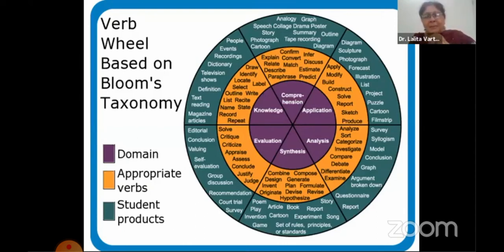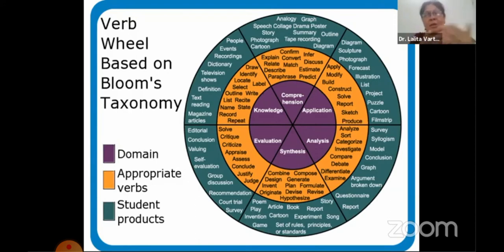So for example, if we look at the application level, we want our students to apply whatever they have learned. A very simple example could be, say, they have learned the basics of computer, and now we want to find out whether they have learned whatever we have taught. So what we could do is give them an activity like develop a puzzle on the topic basics of computers.